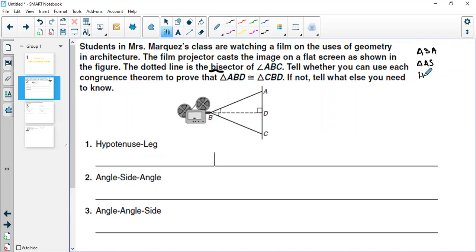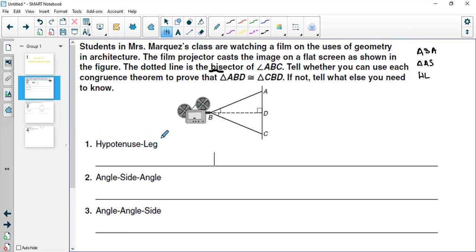And the other one was the HL theorem, which says that in a right triangle, if the hypotenuse and a leg of one triangle are equal to the hypotenuse and leg of the other, then both triangles are congruent. So here they have given us the theorems. We have to say whether we can prove, using these theorems, that these two triangles are congruent or not. Let's see. Now, first one is hypotenuse leg.